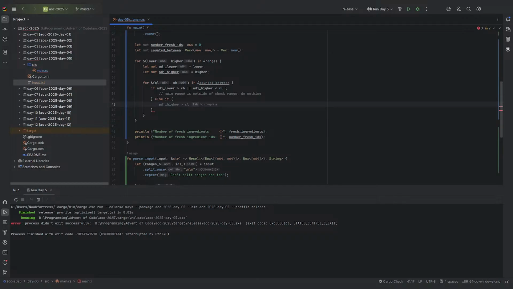If it cuts on the low side, that means this range's higher end is greater than lower, but also the higher end is less than higher. Let's say it lands between here.